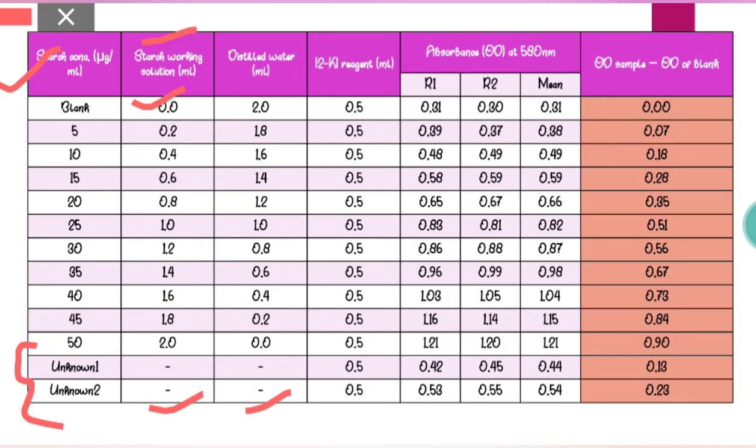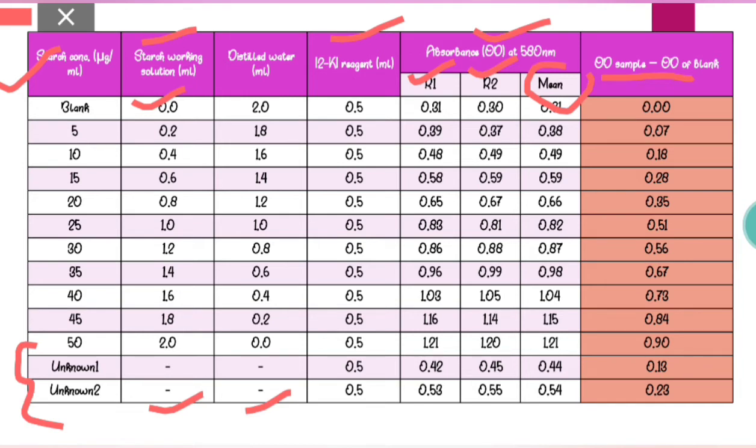We will find it later on, and we will provide you the unknown. You will just add this I2-KI reagent to the unknown as well. And as you can see in the fourth column, we will write the volume of the reagent, then the absorbance reading. Since we are doing it in replicate, it will be R1, R2. And for calculating, we will be taking the mean of all these values.